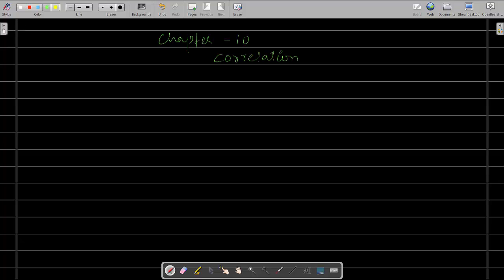There are different types of correlation. We have positive, negative, linear, non-linear, simple, partial, and multiple. I'll be explaining those in the class.